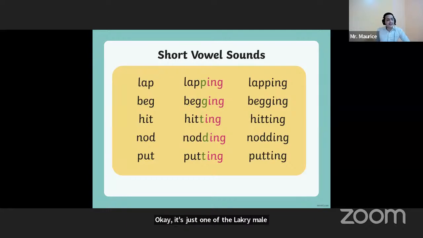A estos verbos se los considera monosílabos por ser de una sola sílaba. ¿Recuerda cuando estaban en la escuelita? La señorita les hacía contar las sílabas con las palmas de las manos: mi, ma, me, ma. ¿Cuántas sílabas hay ahí? Aquí es una, a ese se lo considera monosílabo: lap, bag, hit, not, put.